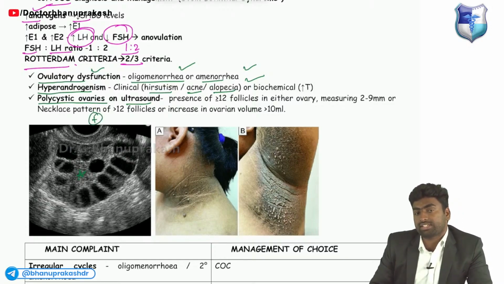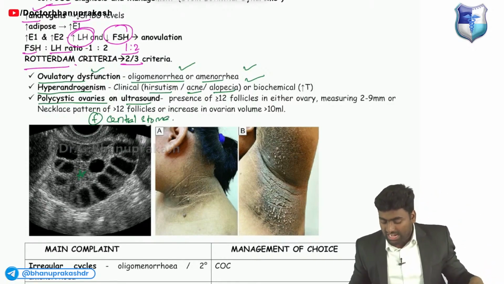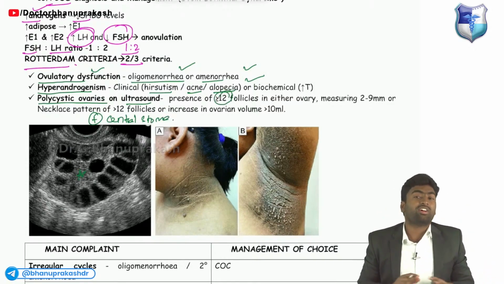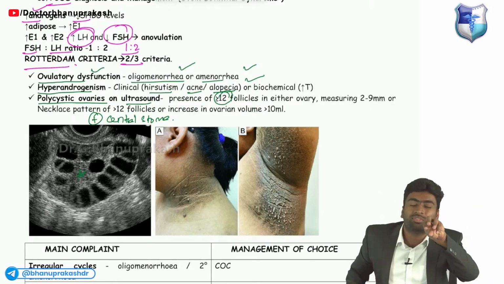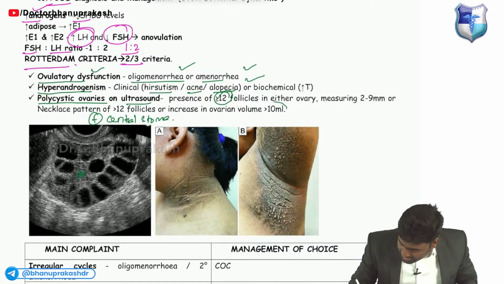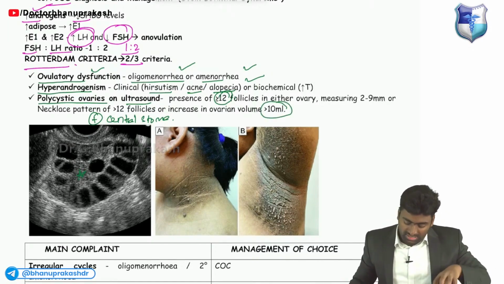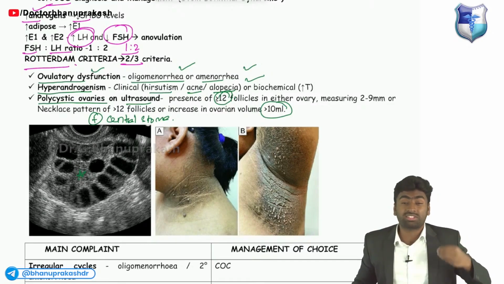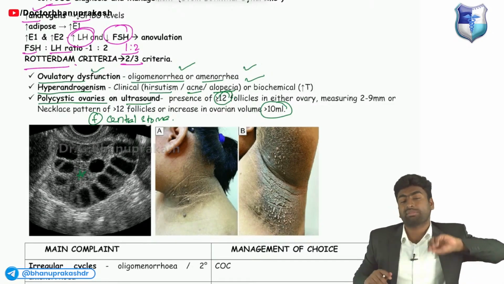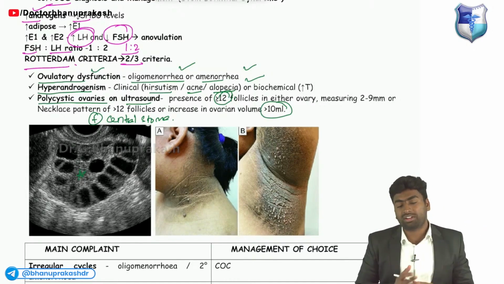This is the differentiating feature. The central stroma produces a string of pearls appearance, and there will be more than 12 follicles. All of these are very small follicles, and the ovarian volume should mostly be less than 10 ml. Small follicles forming with central stroma are typical for PCOS.